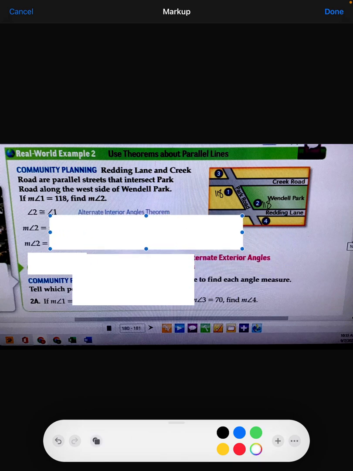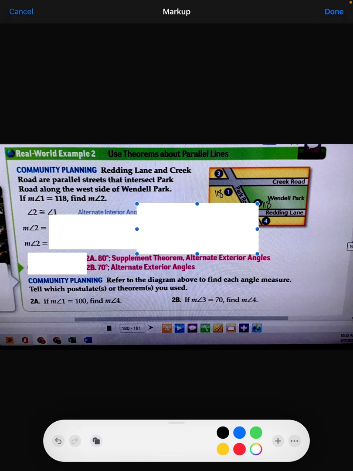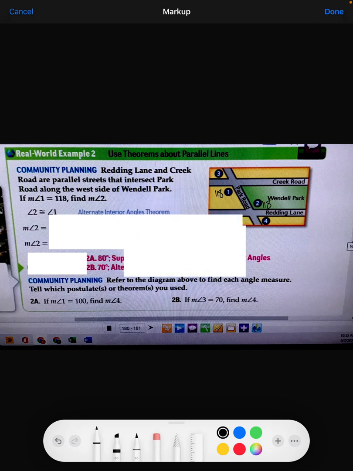Let's look at another example here. Refer to the diagram above to find each angle measure. Tell which postulate or theorem you used. So if angle 1 now equals 100, find the measure of angle 4.